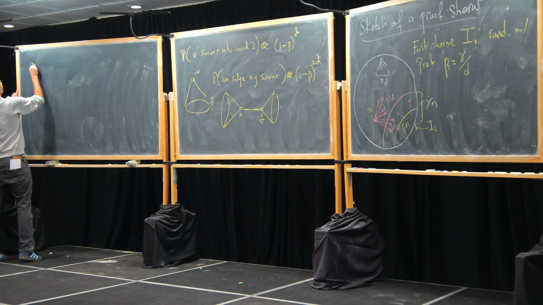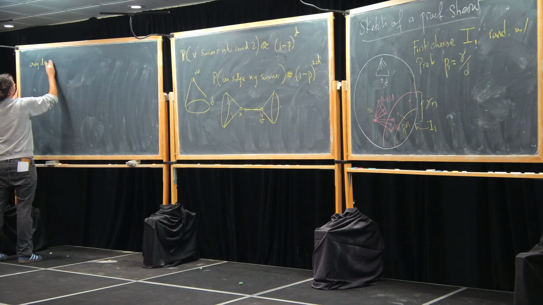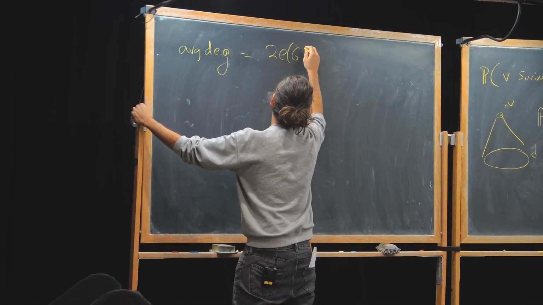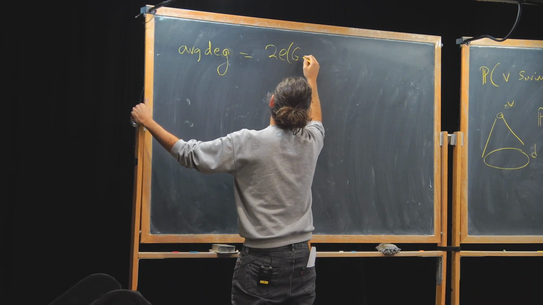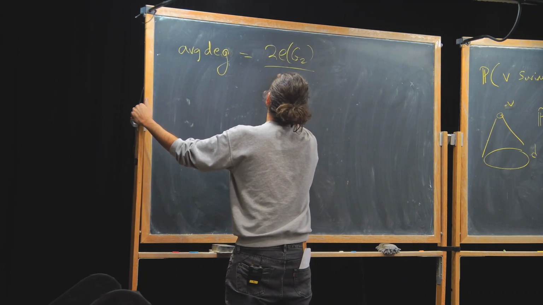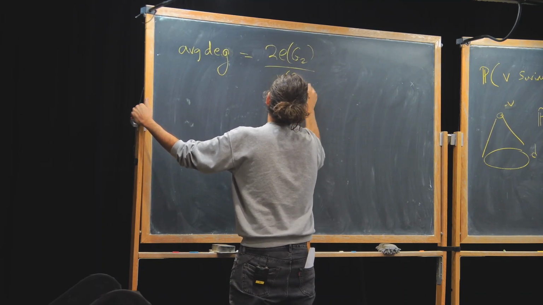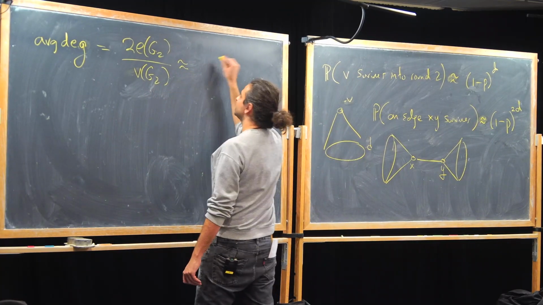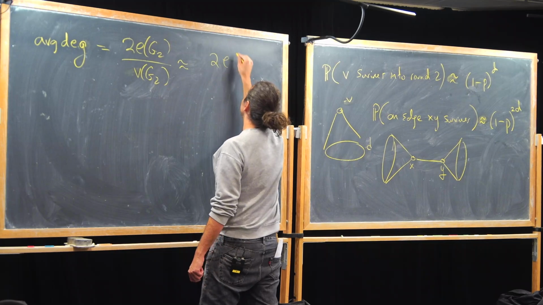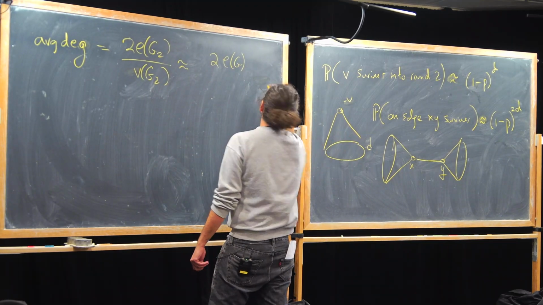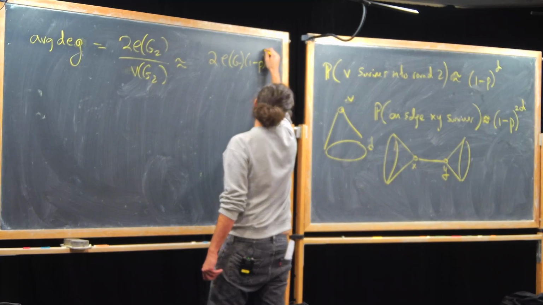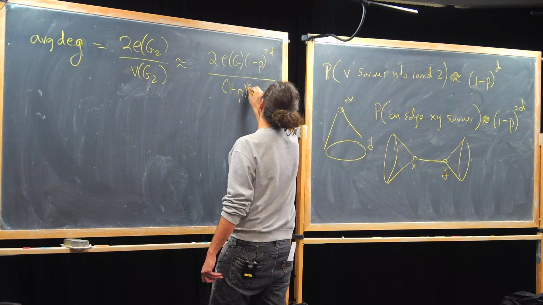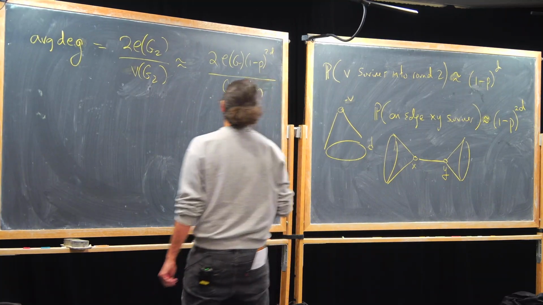So the average degree is 2 times the number of edges of this graph, which I have not given a name, but I'll maybe call it just d2, divided by the number of vertices in G2. And I know this, heuristically, to be 2 times the number of edges in the original graph times (1 minus p) to the 2d, divided by the number of vertices in the original graph, which is (1 minus p) to the d times n.